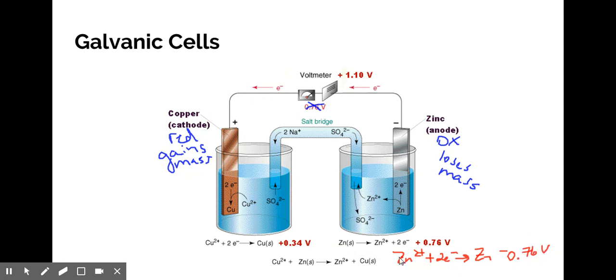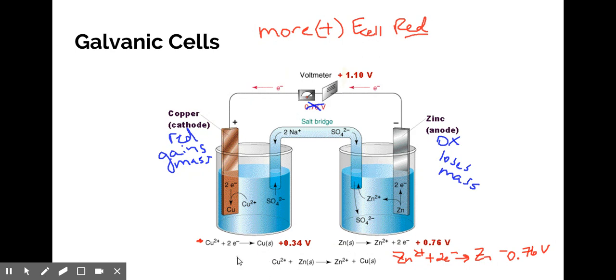Okay? This is a reduction potential. This is a reduction potential as well. If I am comparing two reduction potentials, the more positive reduction E cell value is always going to be reduced.